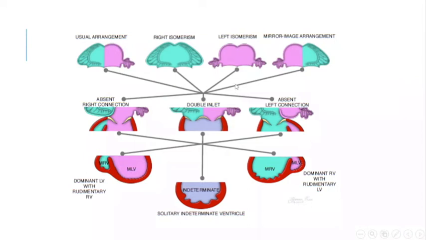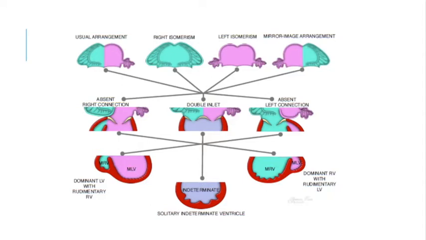Now the connection with the ventricle can be double inlet ventricle with two valves, or univentricular connection with the left ventricle dominant with a hypoplastic right ventricle, or absence of the connection of the left ventricle with a dominant right ventricle.